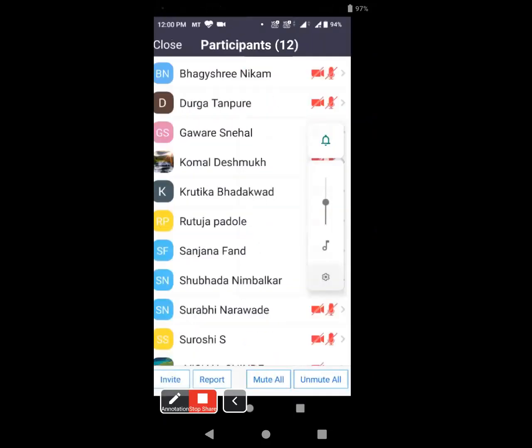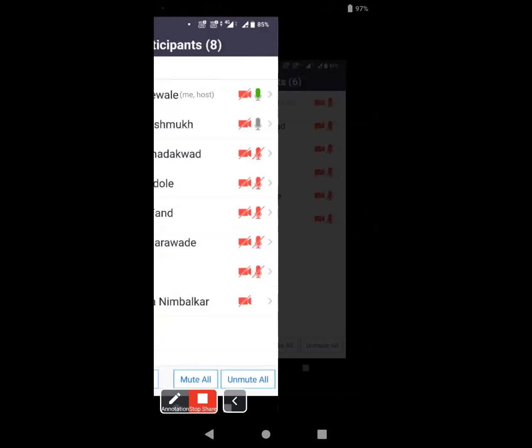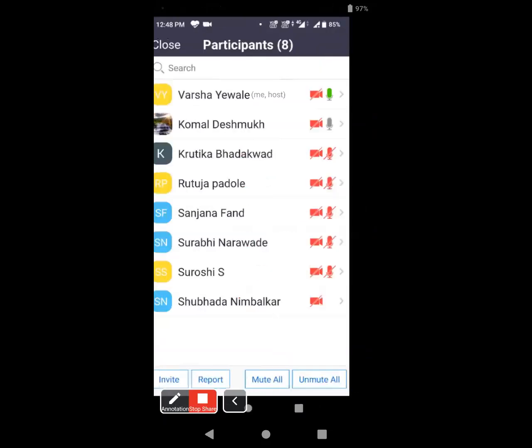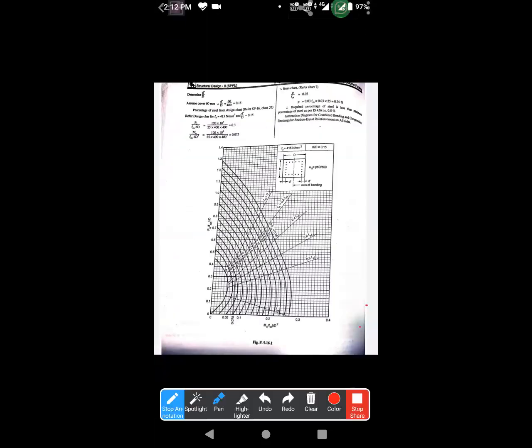Now determine d dash upon D. Assume a cover of 60 mm, and d dash is nothing but the cover, 60 mm. So d dash upon D is 60 upon 400, which is equal to 0.15.